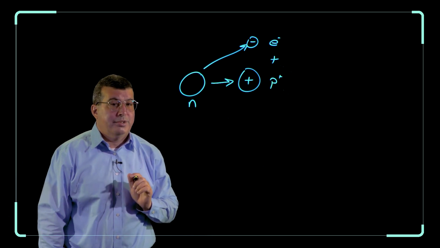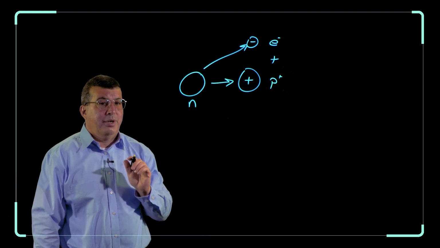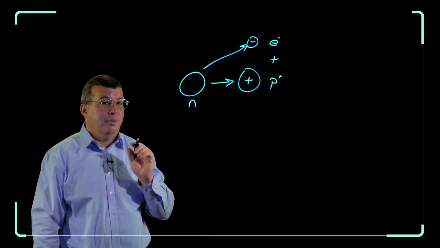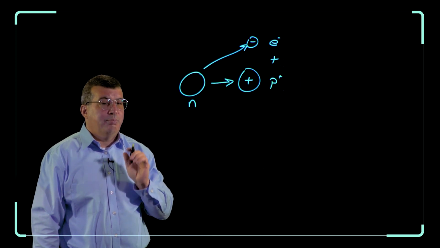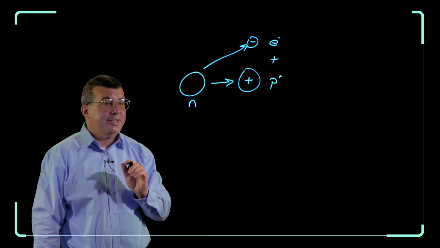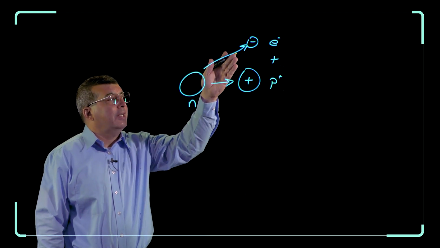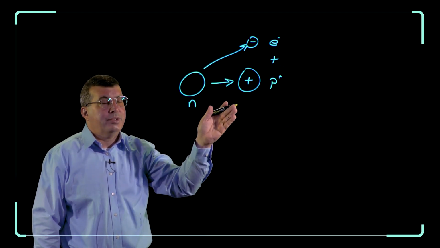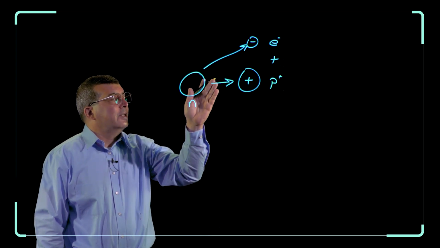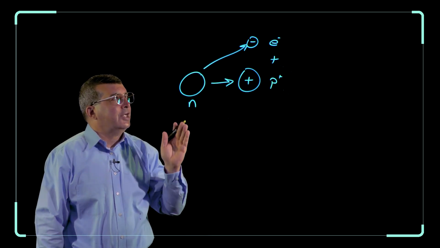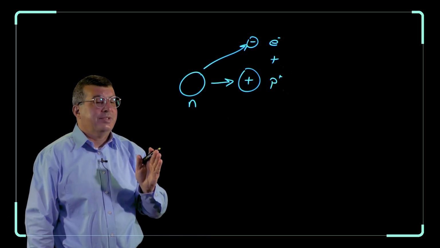Now one more thing to talk about here is if you remember when we talked about a rifle shooting a bullet, because the rifle had more mass, it was the bullet that wound up going faster. And the same thing happens here. The electron has much less mass than the proton, so when the neutron releases the proton and the electron, the electron winds up going very fast.